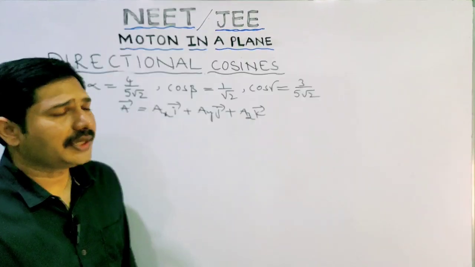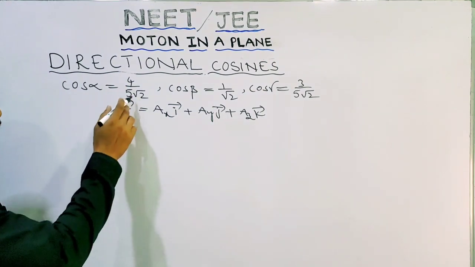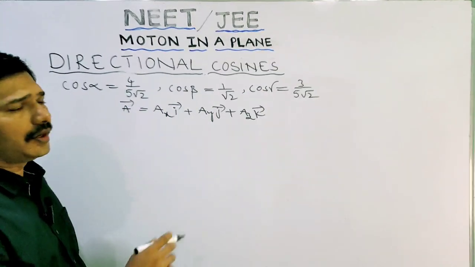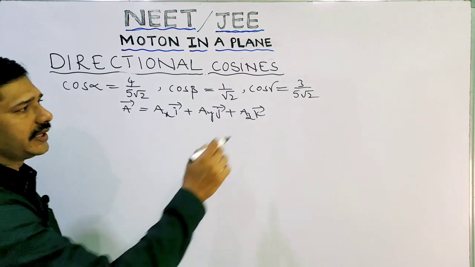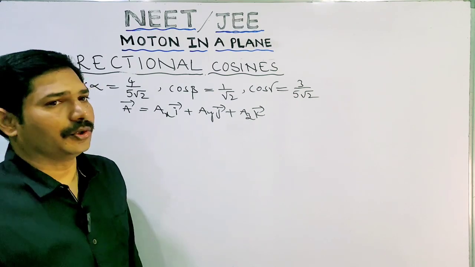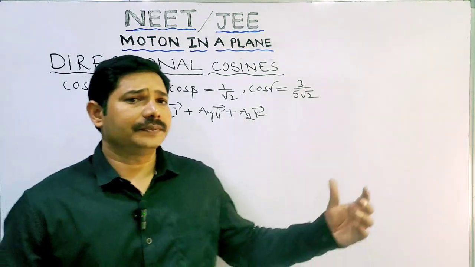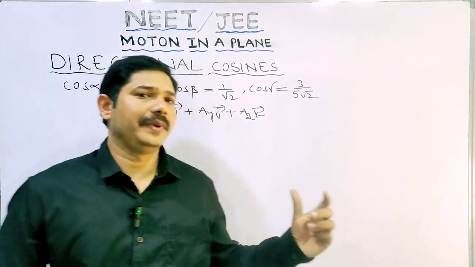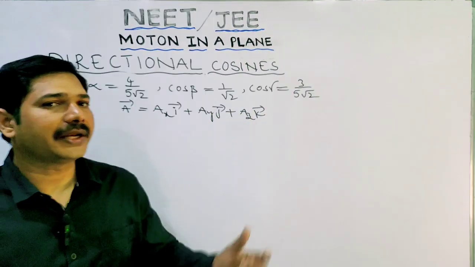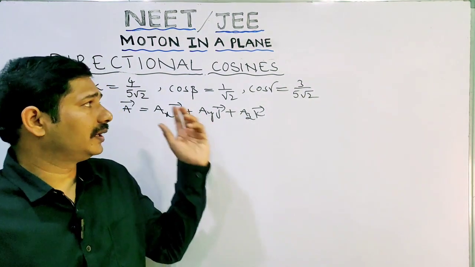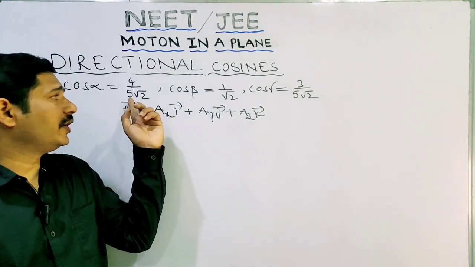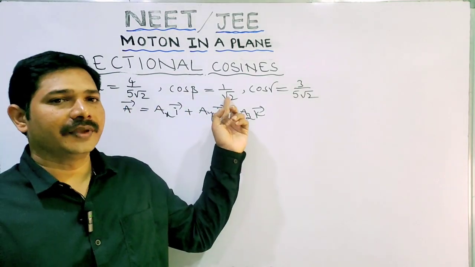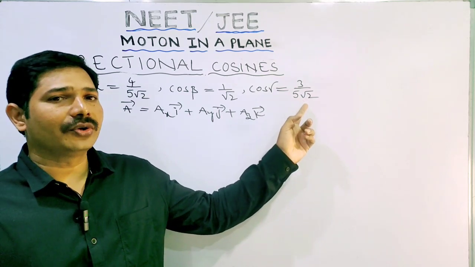Observe here, cos alpha is 4 by 5 root 2, cos beta is just 1 by root 2, cos gamma is 3 by 5 root 2. So we understood the magnitude should be the same for all directional cosines. But here 5 root 2 is there, here root 2 is there, again here 5 root 2 is there.